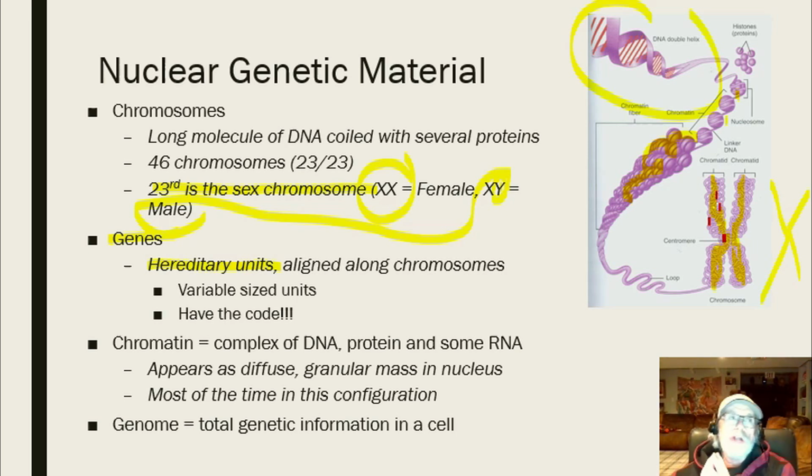However, many proteins are monstrous molecules, and these will have a gene that's really, really long on that chromosomal strand. We'll talk about codons in just a minute. So these genes are variable-sized units. Some are big, some are small and very short. And again, this is where we have the code.